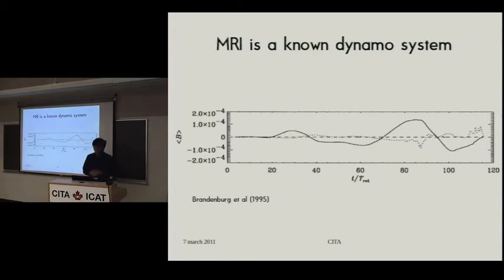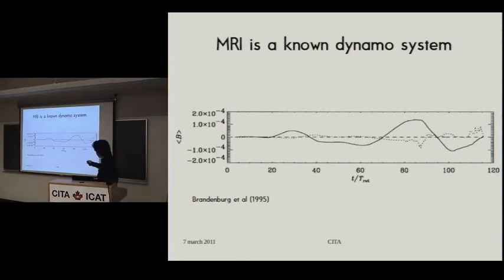Furthermore, the MRI is well known to be a dynamo system. That is, assuming you have a certain number of ingredients in place, this here shows, again, the time in orbits, or rotation periods, a buildup of a mean magnetic field, a complete volume average here, and you see that it oscillates in time. The dark line here is the toroidal component, so that is the field in the direction of rotation.